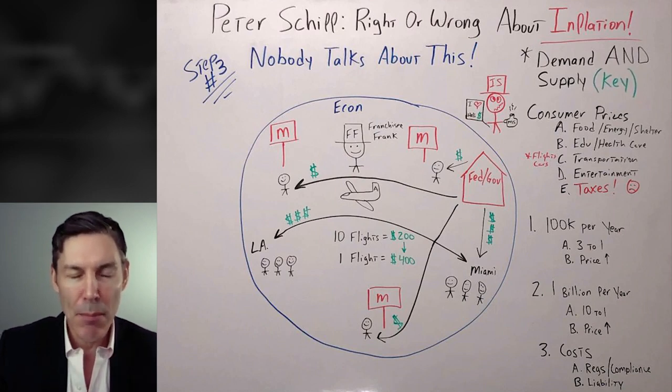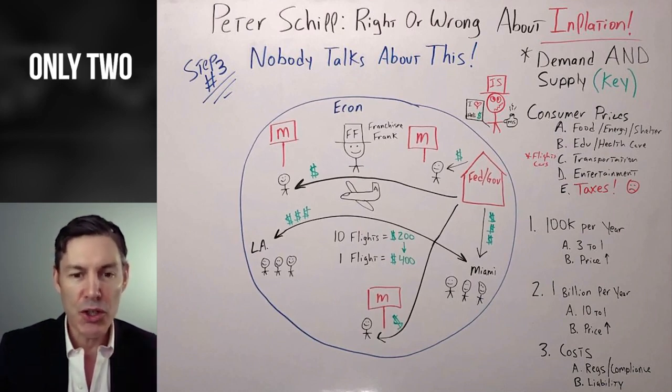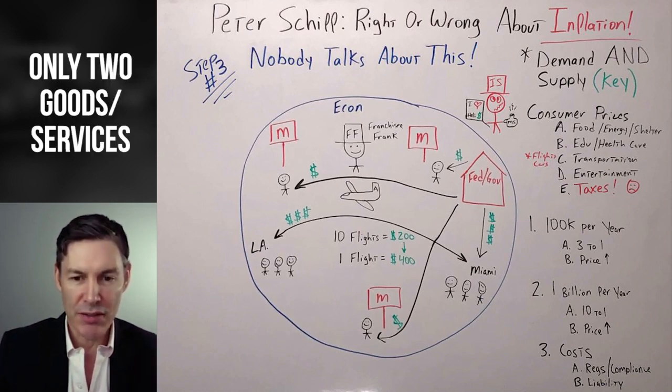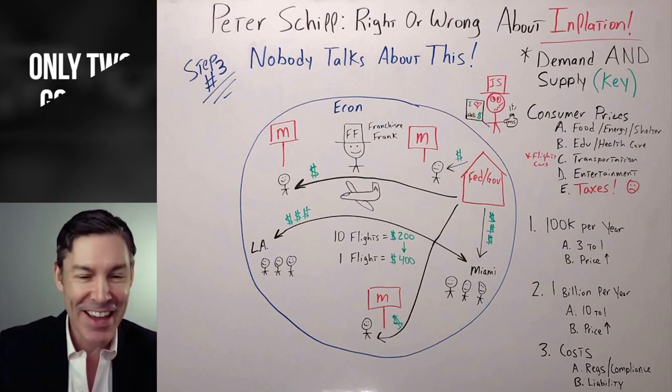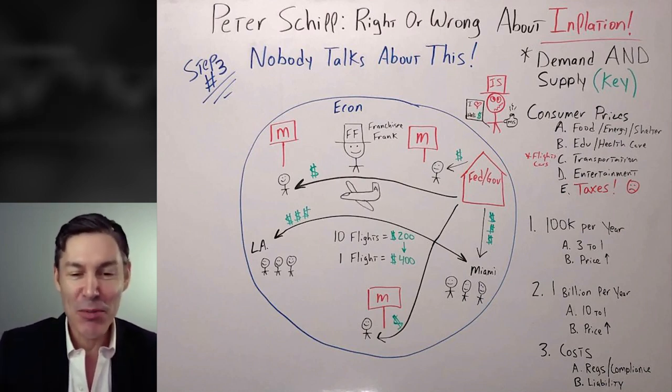To illustrate my point, let's look at another example economy. In this economy, there are only 2 goods and services. We have 3 McDonald's restaurants and 1 airline. And the airline just goes back and forth between Miami and Los Angeles.